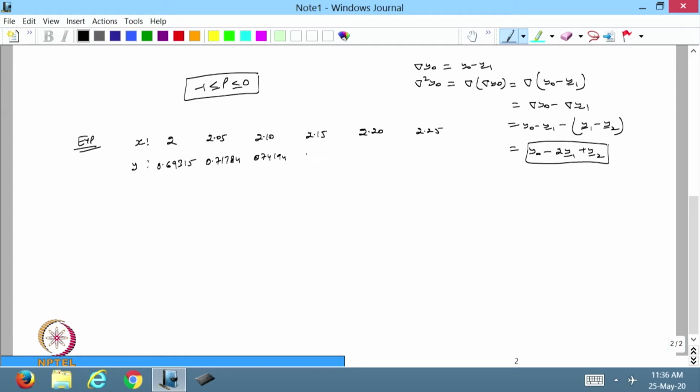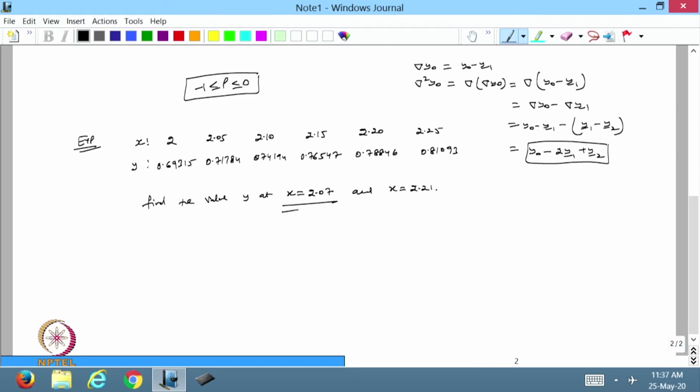The question is to find, or approximate, the value of y at x equal to 2.07 and at x equal to 2.21.